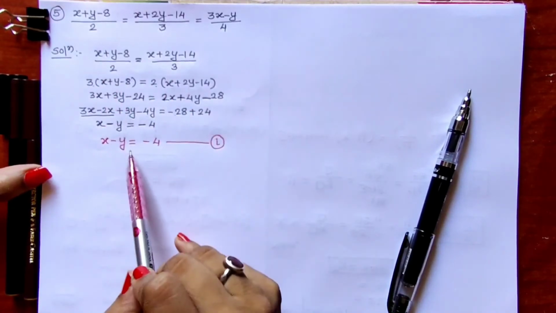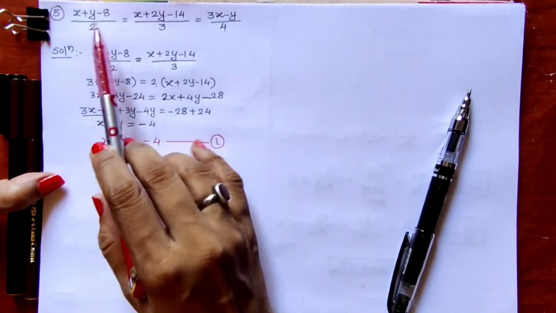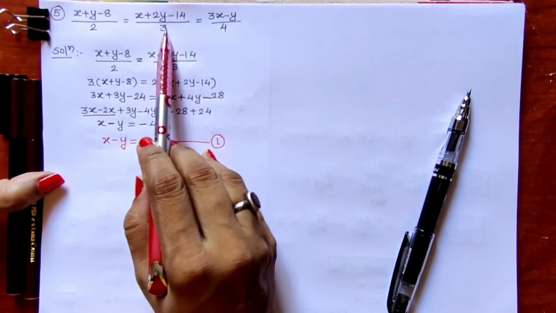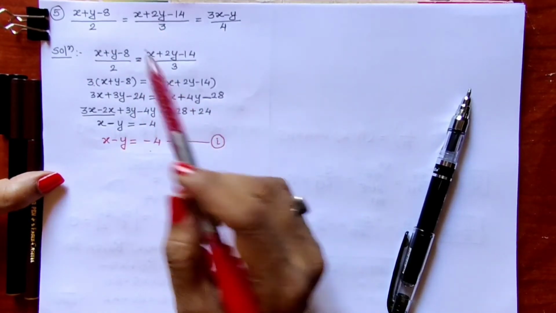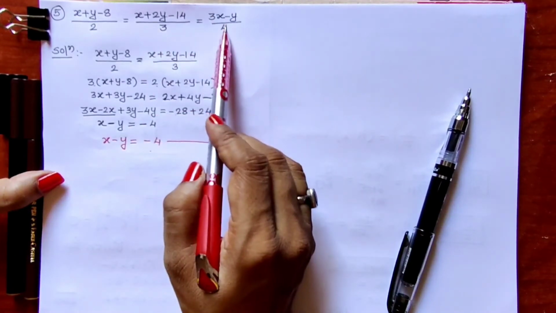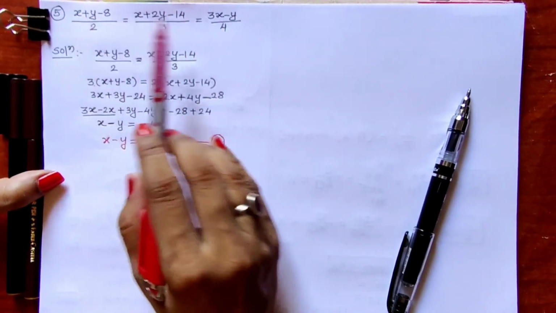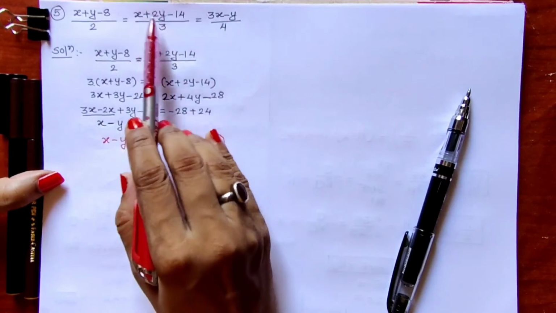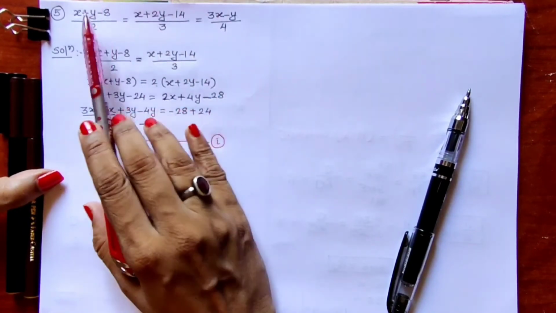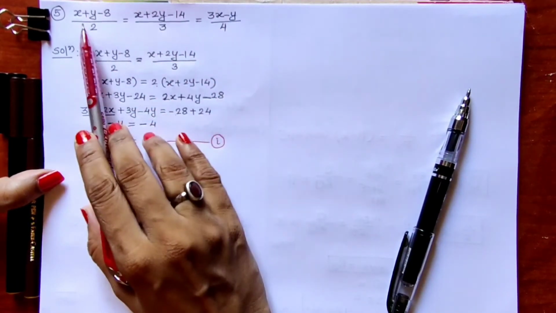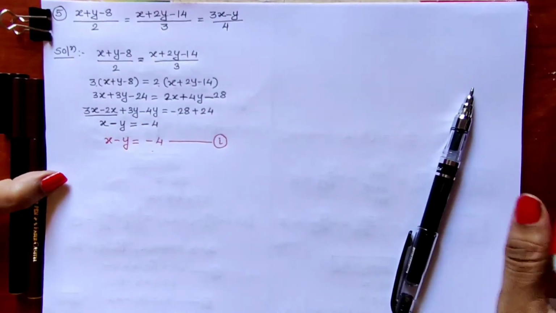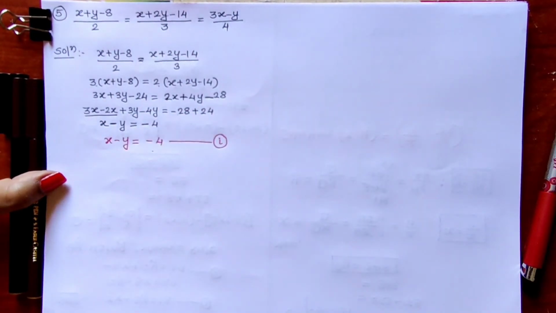For the formation of equation number 1, we have considered the first and second expressions. For the formation of equation number 2, we can consider second and third, or we can consider first and third. I will be considering the first and third expressions, and I will form equation number 2.